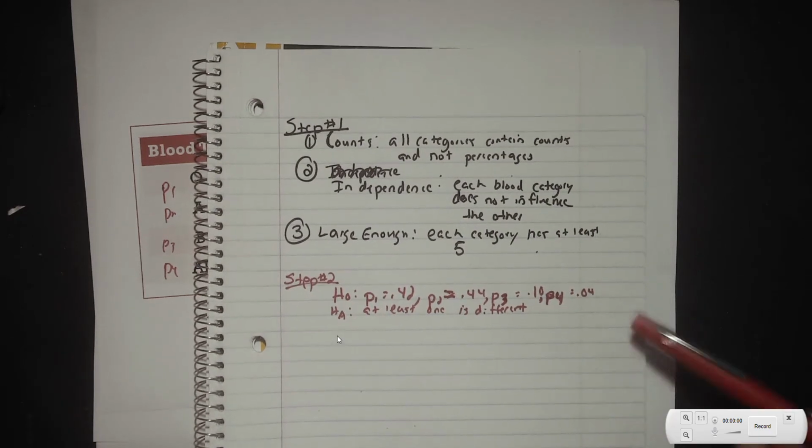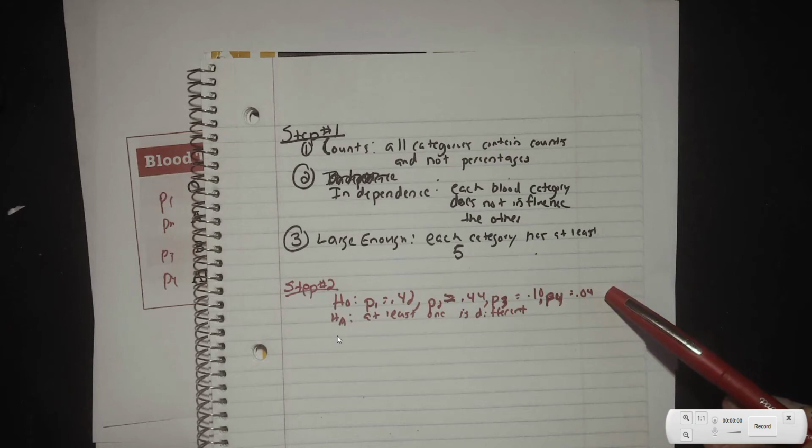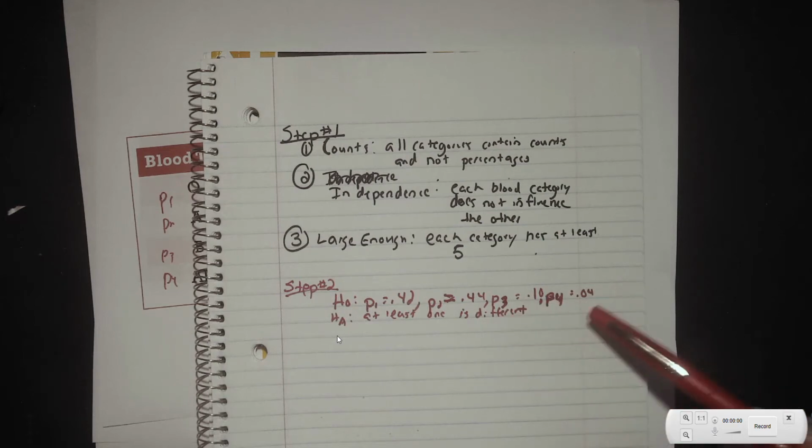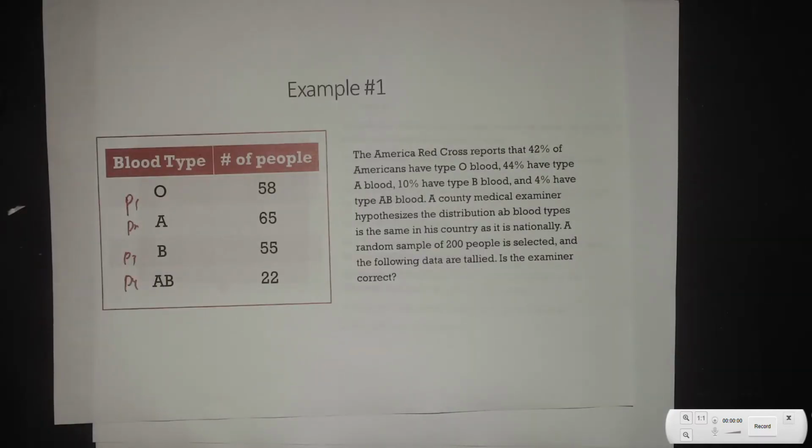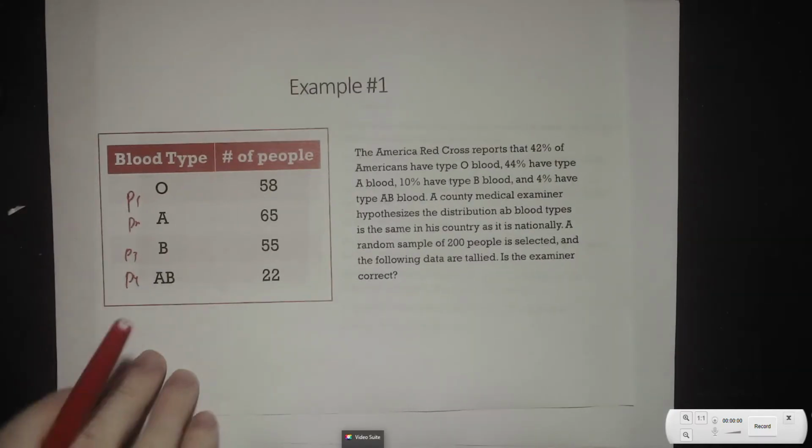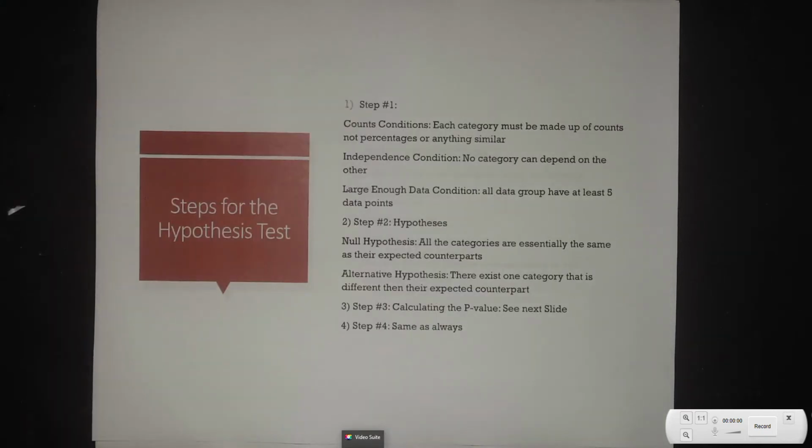Let me just go over this real fast. The null hypothesis is basically you're saying they're equal to what the American Red Cross is saying. That's why we have these equal signs like this. And then you're just saying here that at least one of them has to be different. The p-value for this is kind of complicated, but it's kind of not.